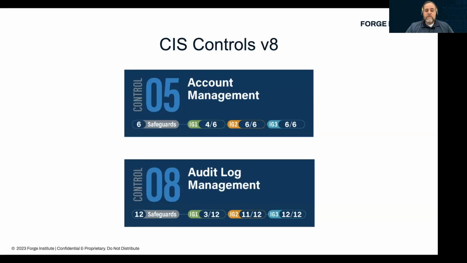Those are called implementation groups, and there's a definition of where an organization should be and which implementation group they should pick at that stage in their organization. For each of these controls, in Implementation Group 1, 4 of the 6 safeguards are recommended. In IG2, 6 of the 6, and IG3, 6 of the 6. So as you go from IG1 to IG3, you're getting more mature in your security function.